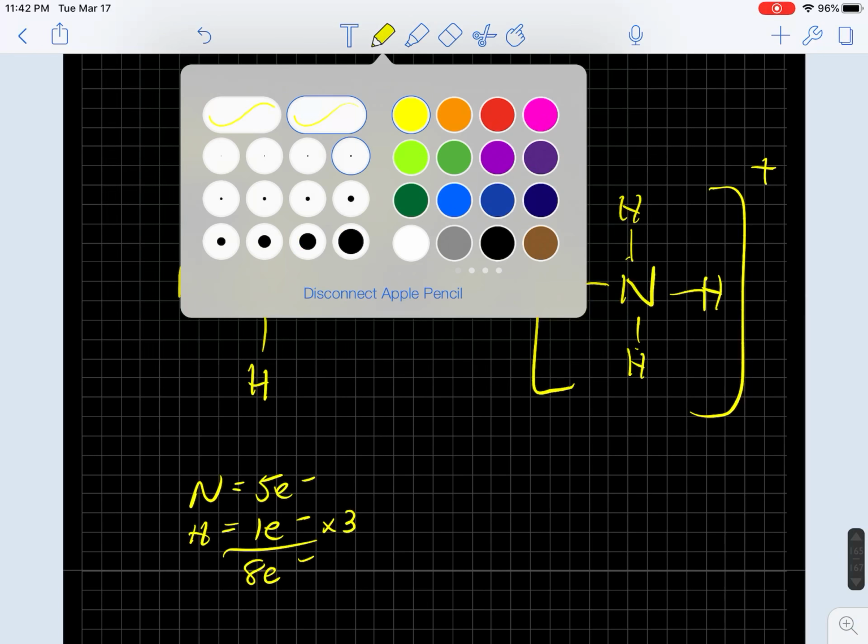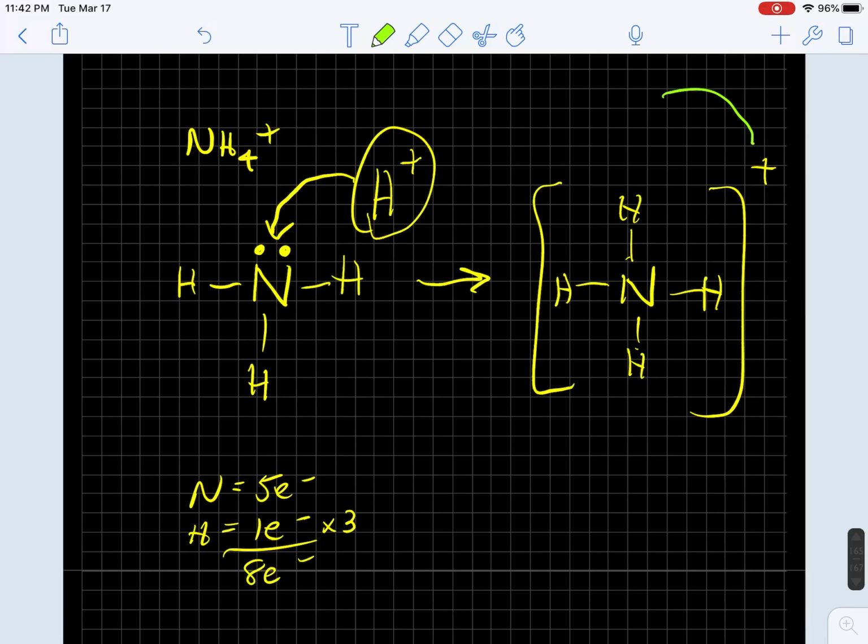And the reason why they do that is they want to show that that charge is actually spread out throughout the whole entire ion. And the process of spreading out the charge is something called hyperconjugation. So I'm just going to say dispersal of charge. Dispersal of charge. So in this bond, nitrogen's providing both electrons, where this hydrogen isn't providing any of the electrons.